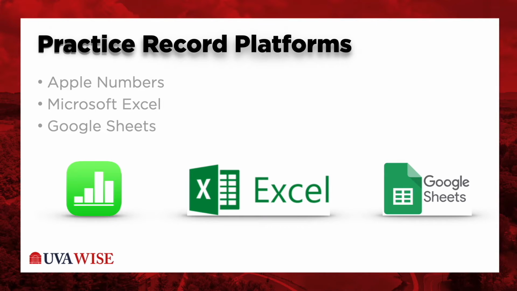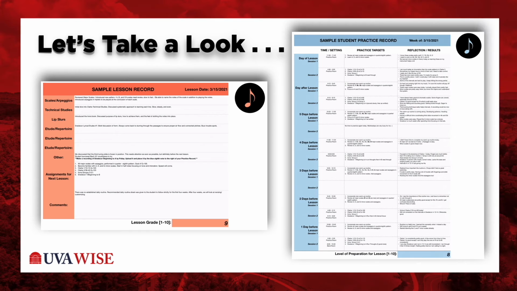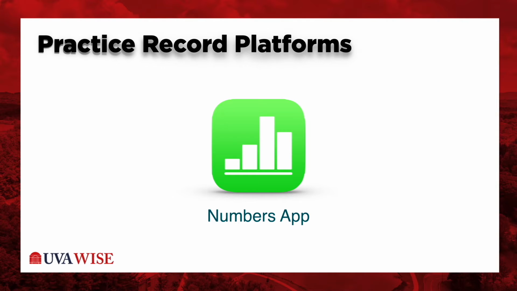We originally developed this method of practice record keeping using Apple Numbers, but it has been migrated for use in Microsoft Excel and Google Sheets. So let's take a closer look at these documents. We'll first take a look at the Numbers version of the applied trumpet record.